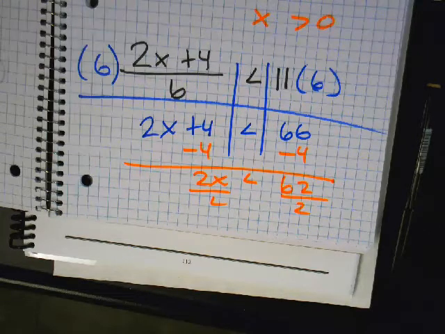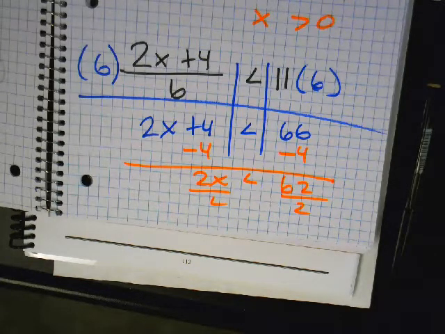The group chat. All right, what do we get? X is less than 31. So this is one of the things I like, solving inequalities, equations.